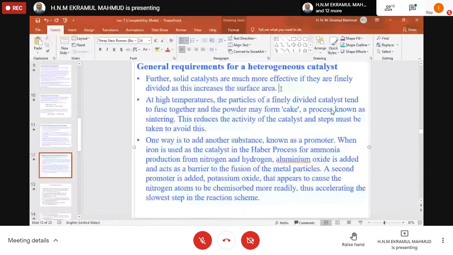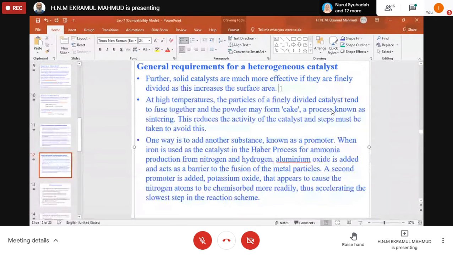So the particles of finely divided catalyst tend to fuse together, and the powder may form a cake, a process known as sintering. This is a problem associated with high temperature, because the divided catalyst may fuse together and form this cake.